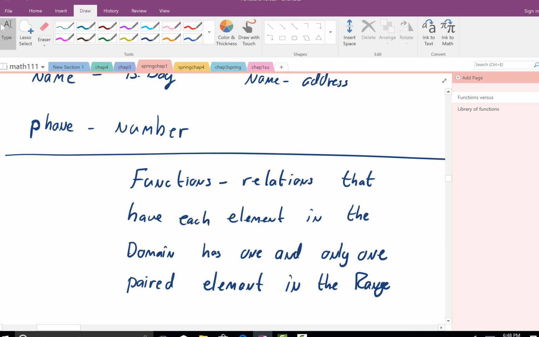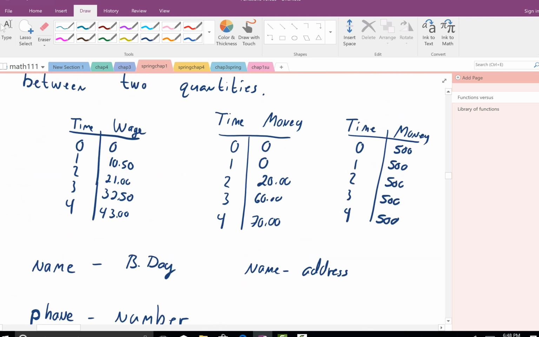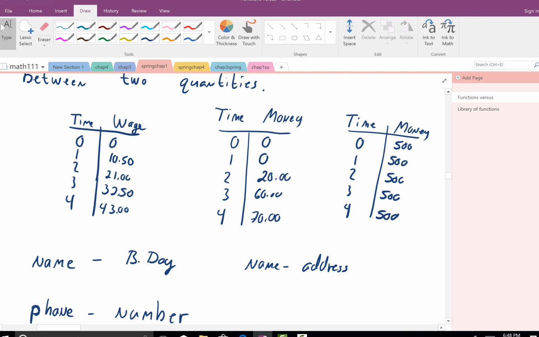So what does that exactly mean? Well, if we go back up to these guys up here, this one is a function because here's my domain. This is the input. If I have a time, I have a wage or amount that's associated with that. So this is an input, this is an output.